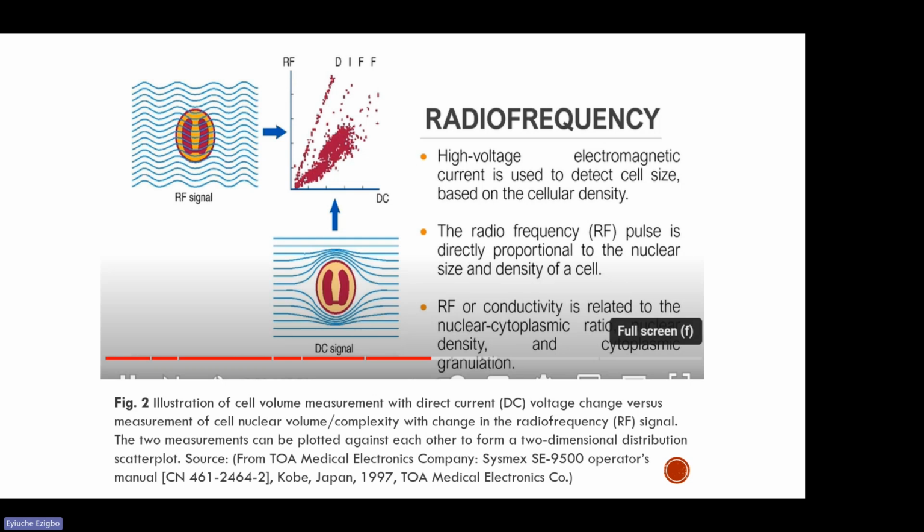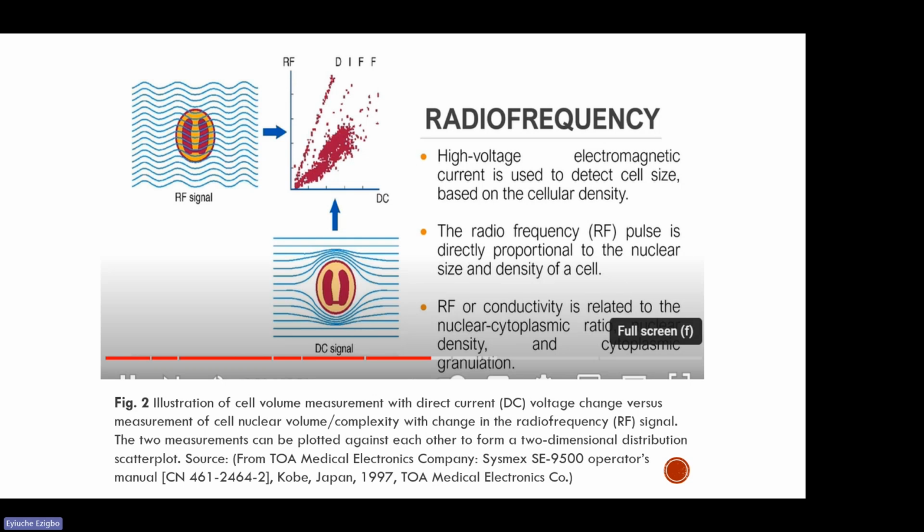So in this diagram, which is an illustration of the cell volume measurement with direct current, the direct current signal measures the cell volume, voltage changes, versus measurement of cell nuclear volume complexity with change in radio frequency.